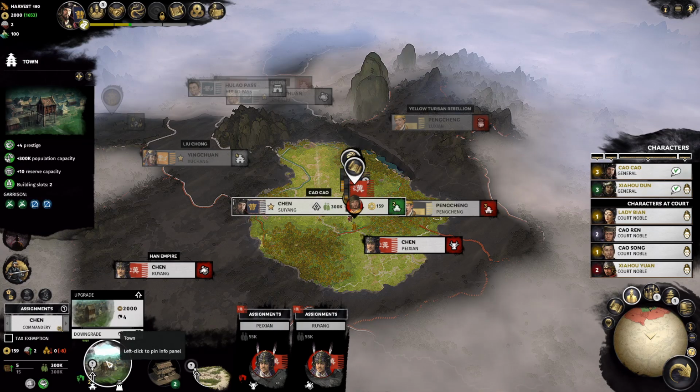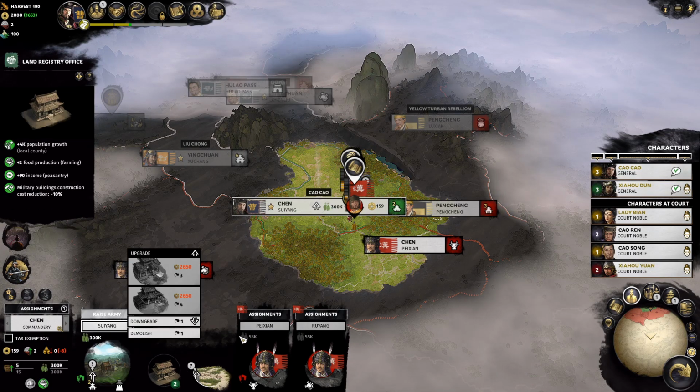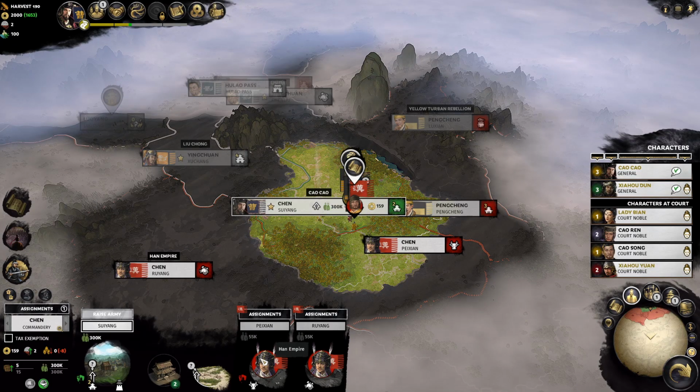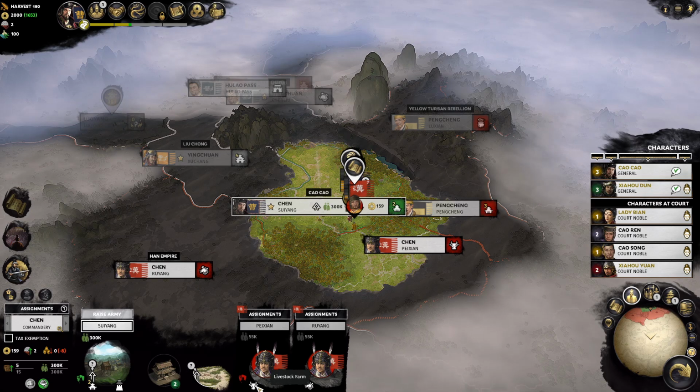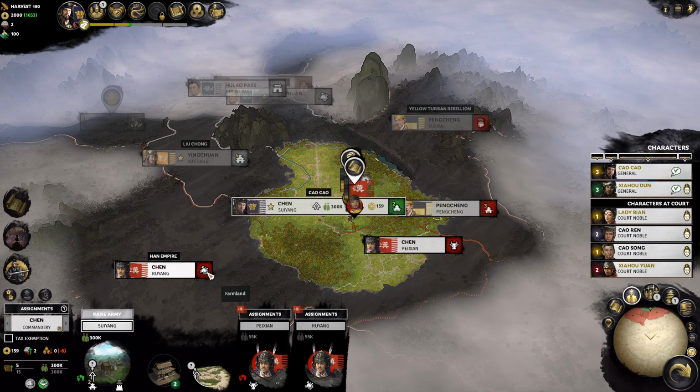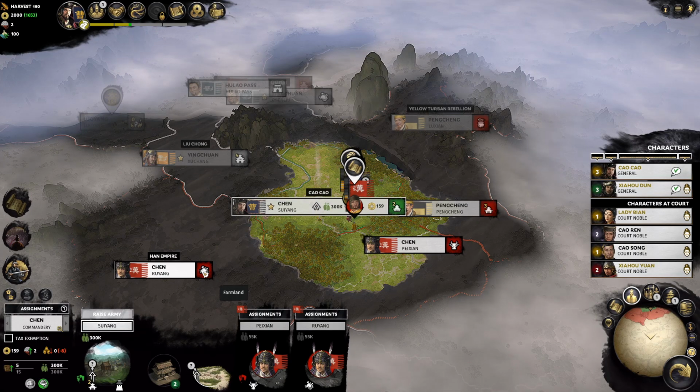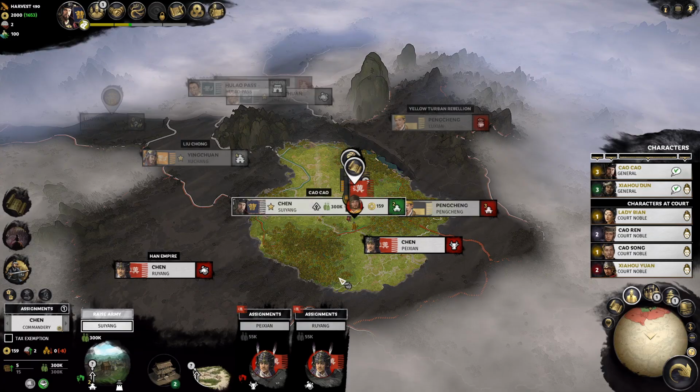I like to call this the capital of the commandery, and these are the counties, or the resource counties in particular, because each of them produce a set resource as symbolized by the icon underneath. So you see one of them is a livestock farm, the other one is a farmland. You can see these same symbols out on the campaign map in the square on the right of the tab that shows information about the settlement.